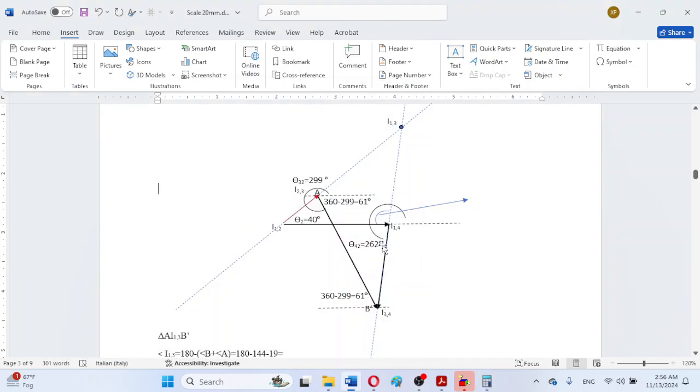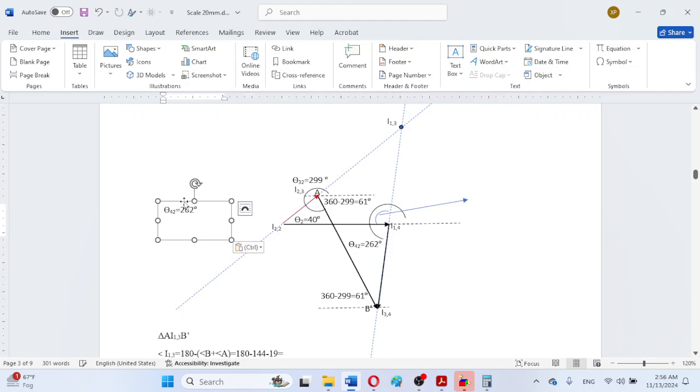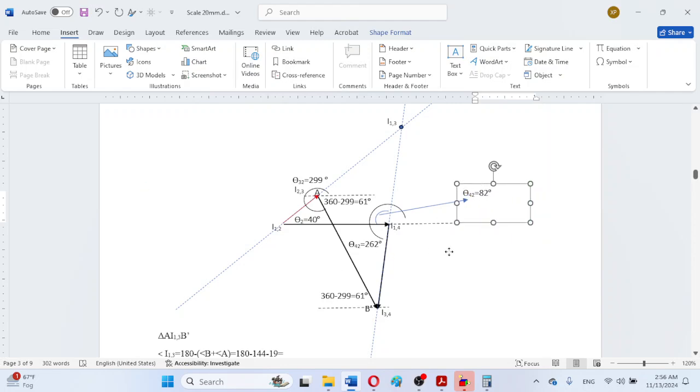So that means this angle will also be equal to 82 degrees.